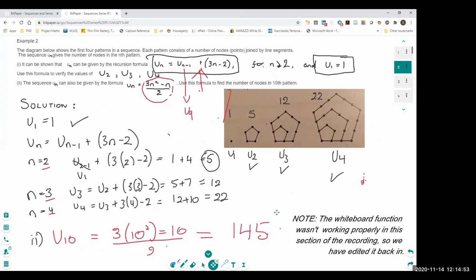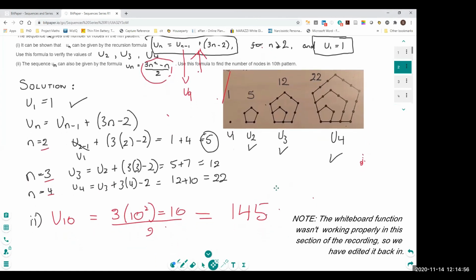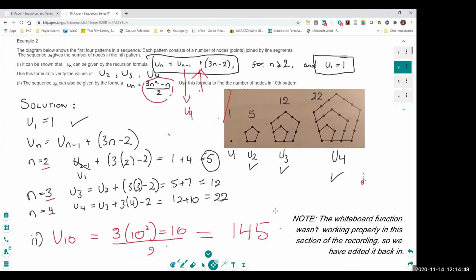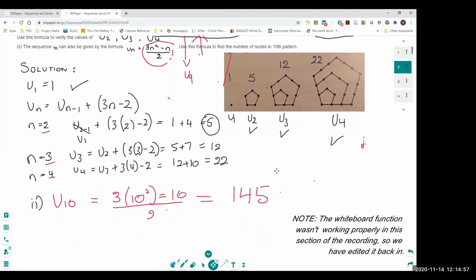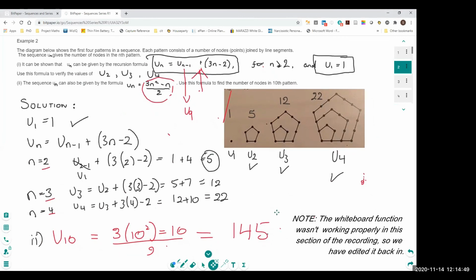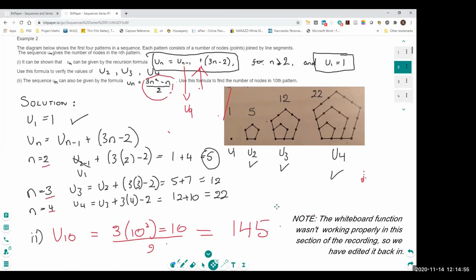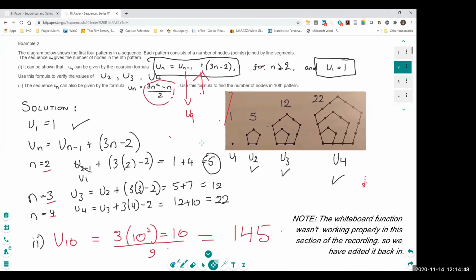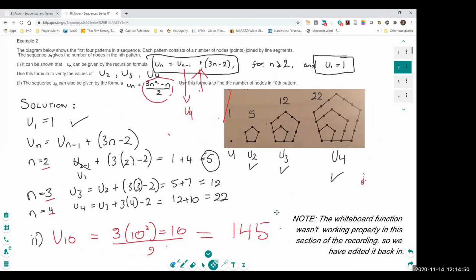We don't have u of 9. We'd have to work it out step by step, using n equals 2, n equals 3, and so on. But using the formula, we only need to know the value of n. So it would be inputting the n: we'd have 3 times 10 squared minus 10, all over 2, which is equal to 145. So that's how we can work out the number of nodes in pattern 10.